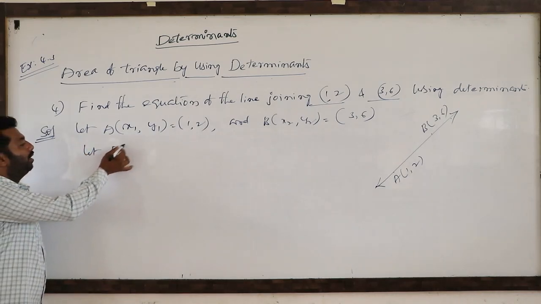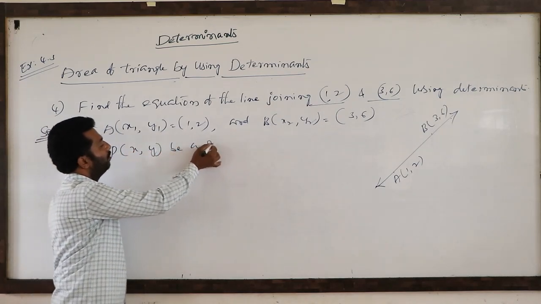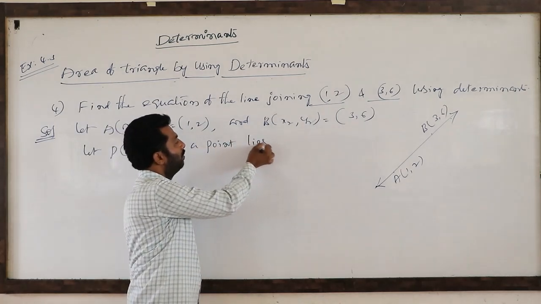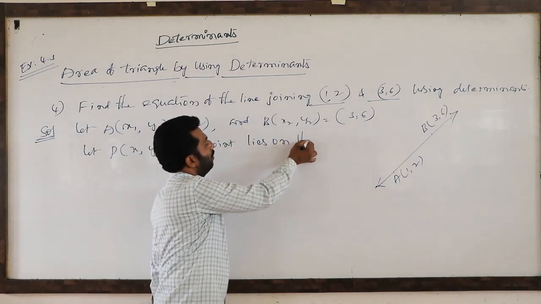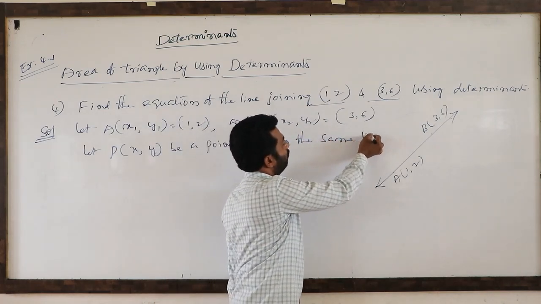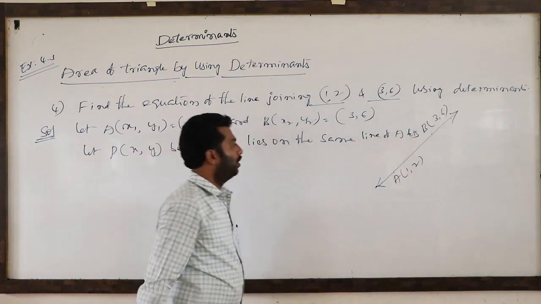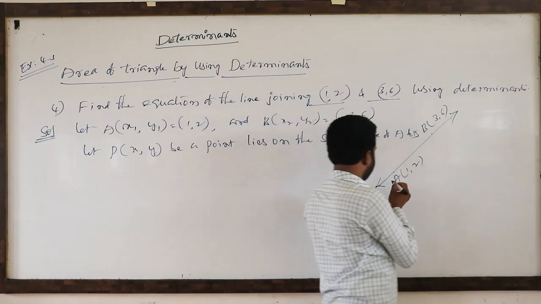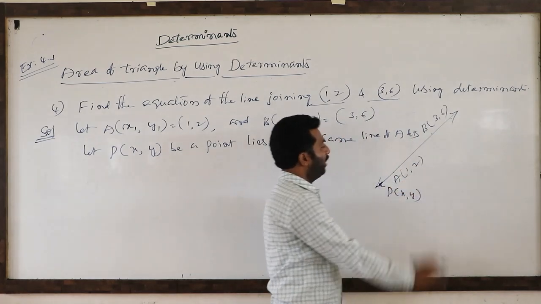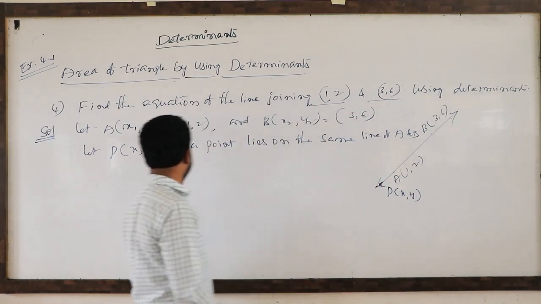Let P of x comma y be a point that lies on the same line of A and B. So in this line, one point P of x comma y lies on the same line of A and B, we are assuming.